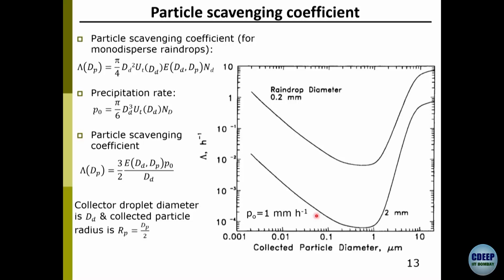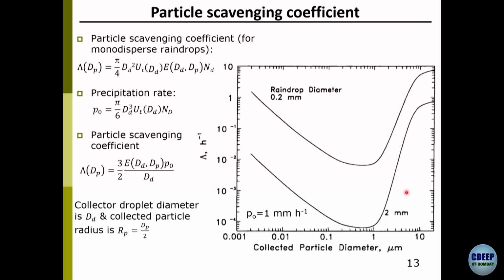So, the previous thing that we looked at was a single collector efficiency, that is per drop. Now, a given rain rate applying to much smaller drops is many more drops, right?